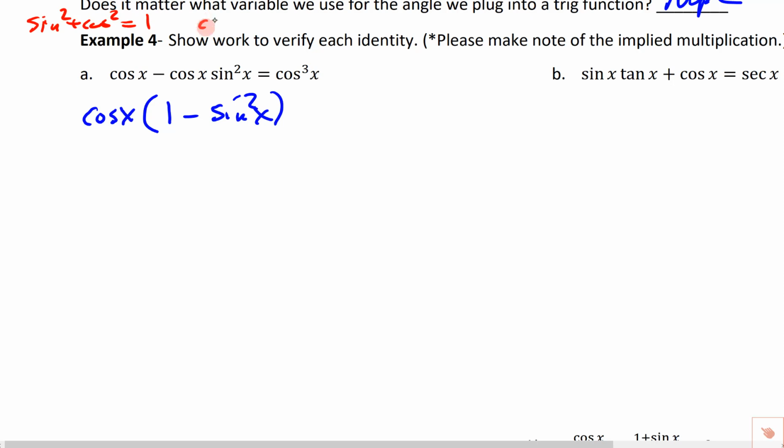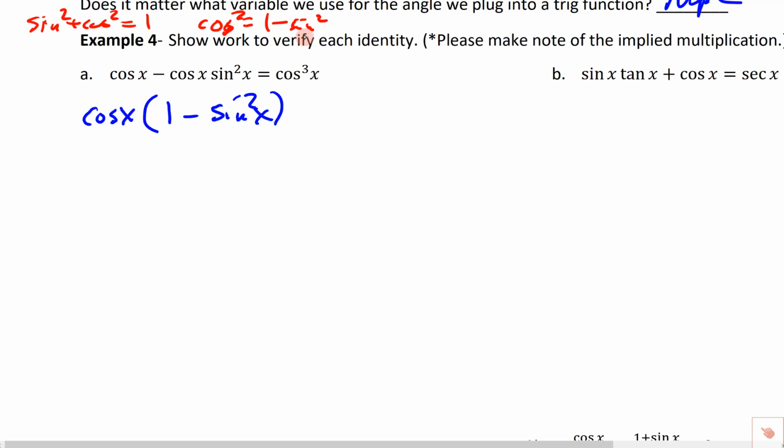But it's cubed, not squared, so. Okay. Watch. See the red stuff up there? That's the thinking. Now, I'm okay with you thinking and just writing sine squared plus cosine squared equals 1.